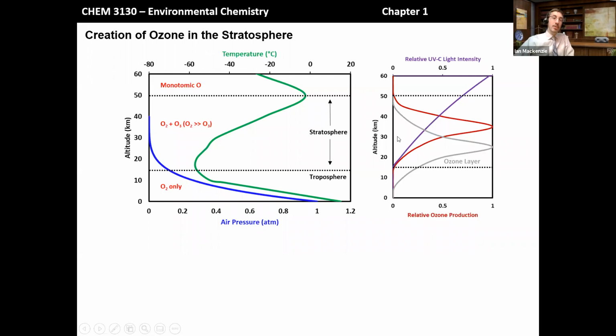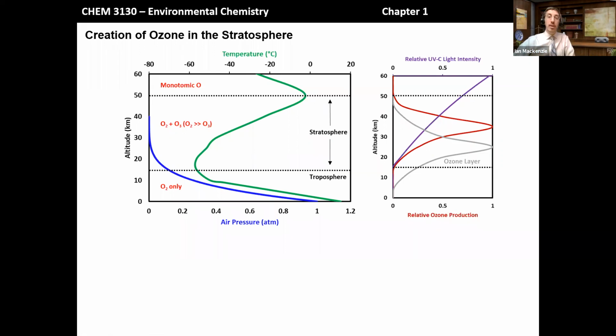The other thing to point out is this is often referred to as the ozone layer, and you might think that in that ozone layer the concentration of ozone must be significantly greater than the concentration of other gases, or at least than O2, but it's really not the case. O2 is still by far the dominant form of oxygen in that region.